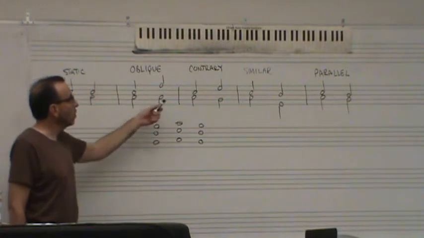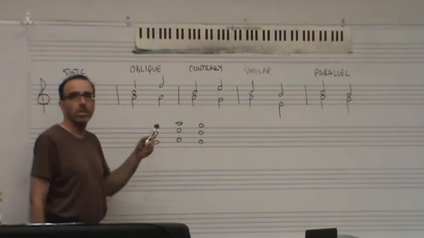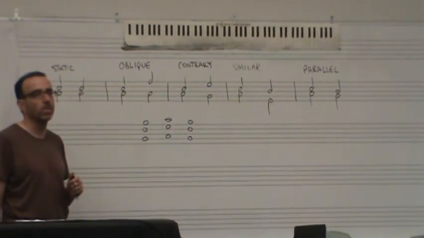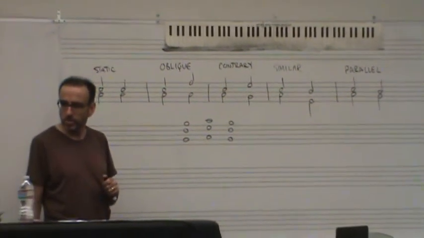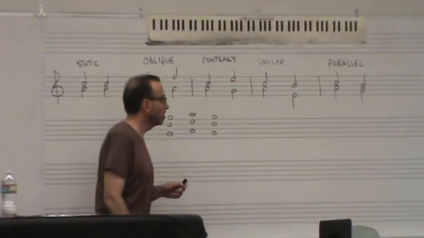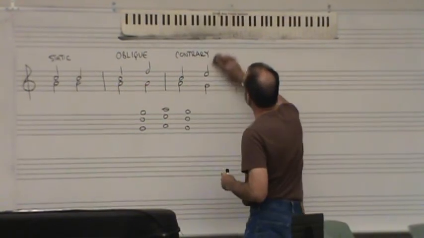But like I say, when you're working with four-part writing, it's actually best to look at oblique and contrary, those kinds of things. Those will get you a long way. Okay, so let's talk about your forbidden types of motion.